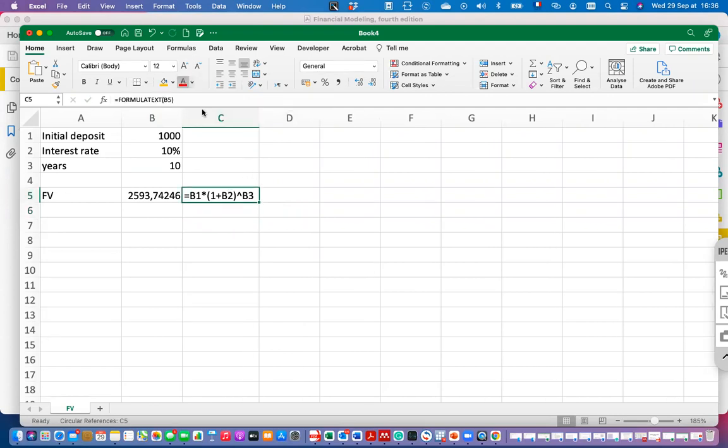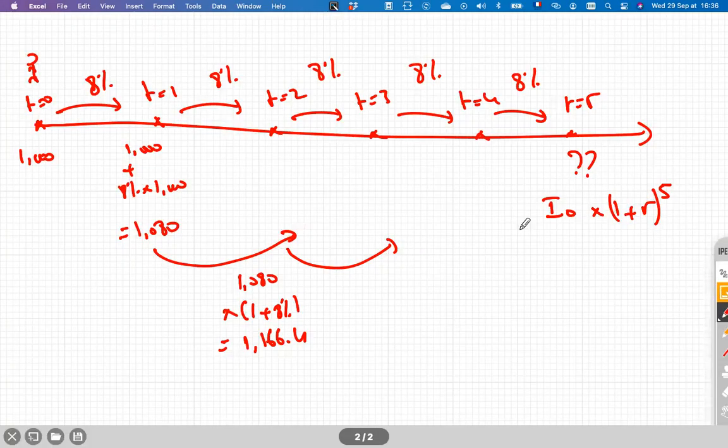See, B1, which is the initial deposit, times 1 plus the interest rate power the number of periods, which is exactly the formula that we have used here. Initial investment, C, times 1 plus interest rate power the number of years.